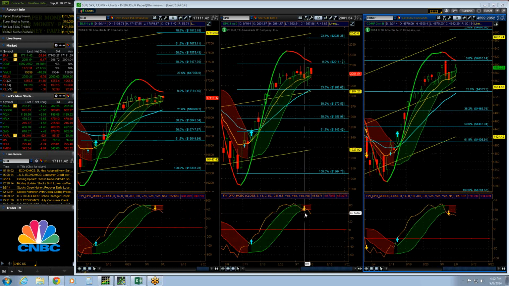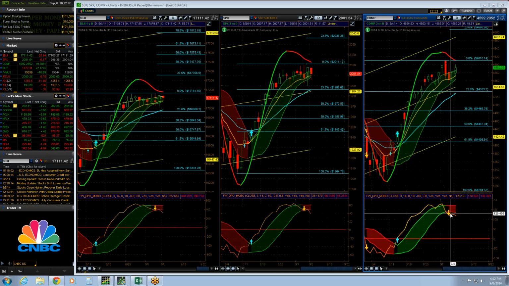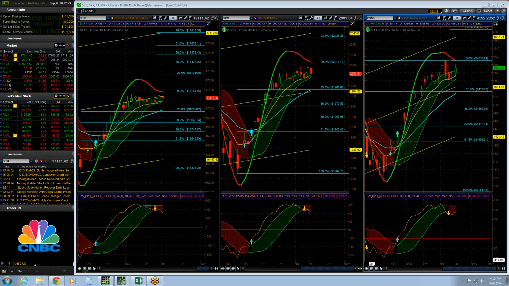So you see, this is kind of like getting set up for what normally happens in September. Normally, we see a downturn towards about the second week in September.